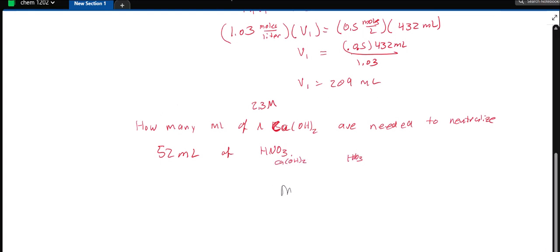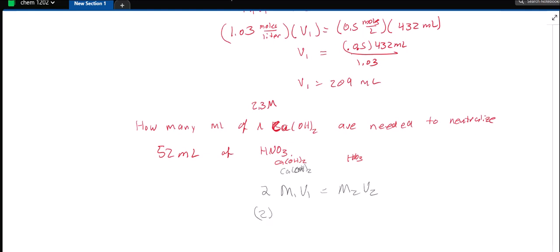So when we write M1 V1 equals M2 V2, then if this is going to get us the number of moles, or actually number of millimoles since we're using milliliters, we see that each one of these calcium hydroxides is going to give us 2 hydroxides. So if this is our calcium hydroxide side, the number of moles we'll get here will be 2 M1 V1 equals M2 V2, because each one of these gives us 2 hydroxides.